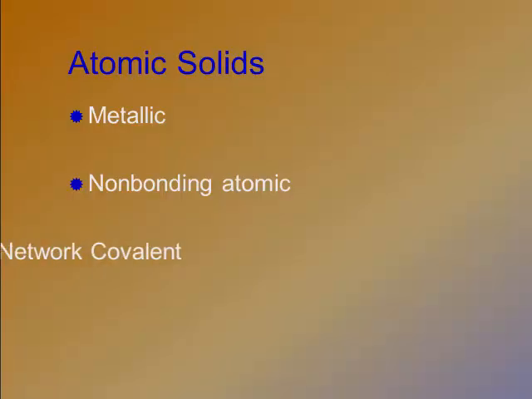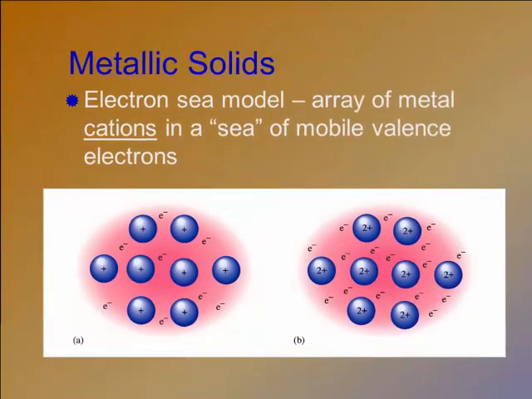Under the heading of atomic solids, we have metallic, non-bonding atomic, and network covalent solids. Recall from Chem 1, the internal structure of a metal is referred to as the electron sea model, an array of metal cations in a sea of mobile valence electrons.